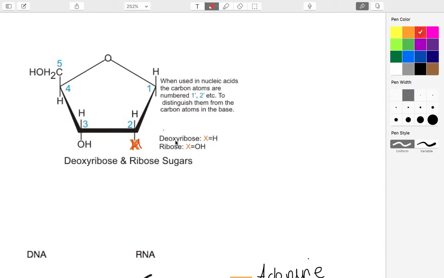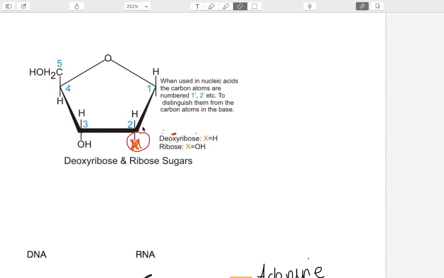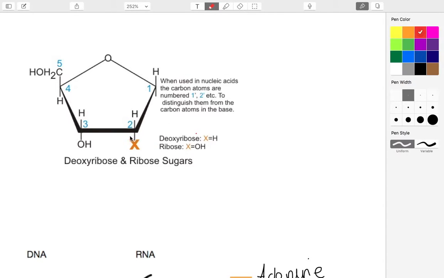You can tell me that this is deoxyribose because it lacks the oxy, which is here. So deoxyribose, DNA, deoxyribose nucleic acid is what DNA stands for, and it has a hydrogen here. Now, if this was an RNA molecule, we have an OH group here, and that is the difference between the DNA and RNA backbone.